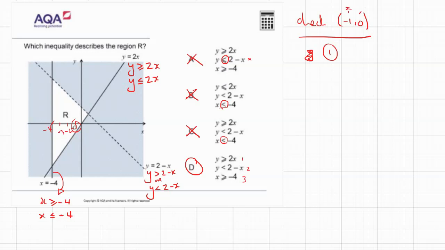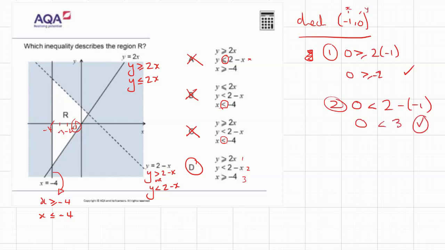X is minus 1 and y is 0. So is 0 greater than or equal to 2 lots of minus 1? So we're asking the question, is 0 greater than or equal to minus 2? Yes. Inequality 2, is y, which is 0, less than 2 minus x, which is minus 1? 2 minus minus 1 is 3. So we're asking the question, is 0 less than 3? Yes.